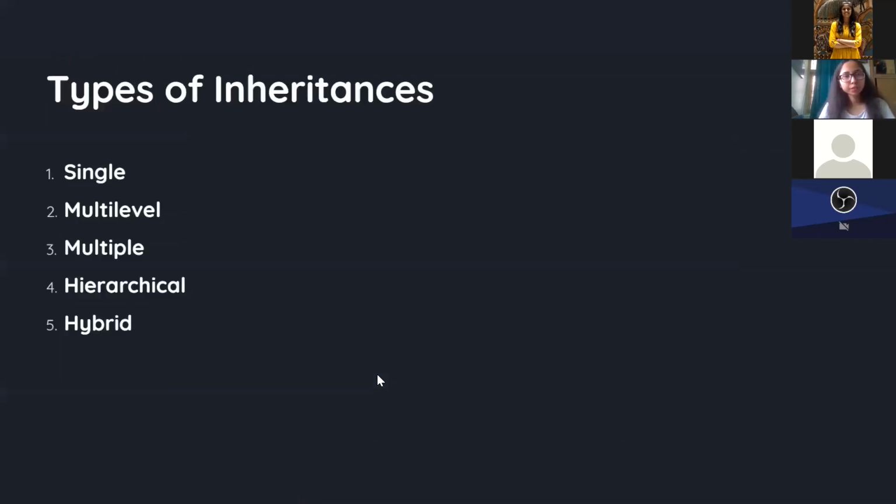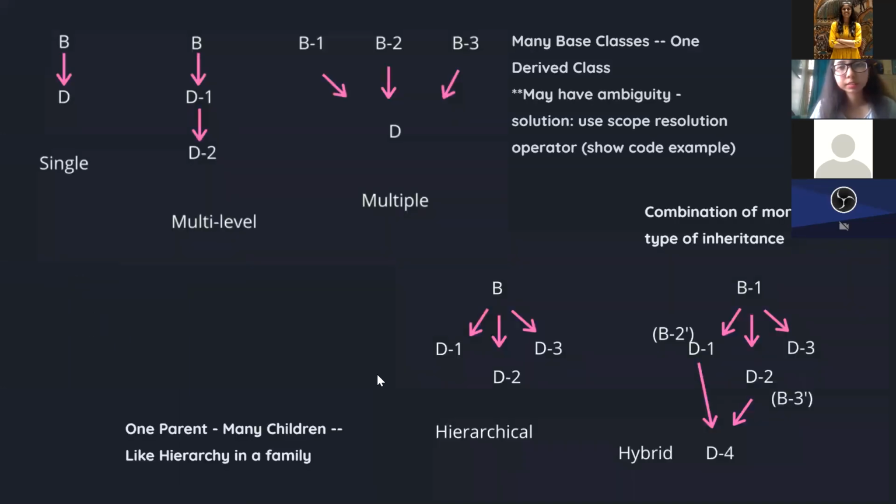Now we have types of inheritances. There are basically 5 types of inheritances: single, multi-level, multiple, hierarchical, and hybrid. Single is very obvious, that we have one base class and one derived class, and that is what single inheritance means.